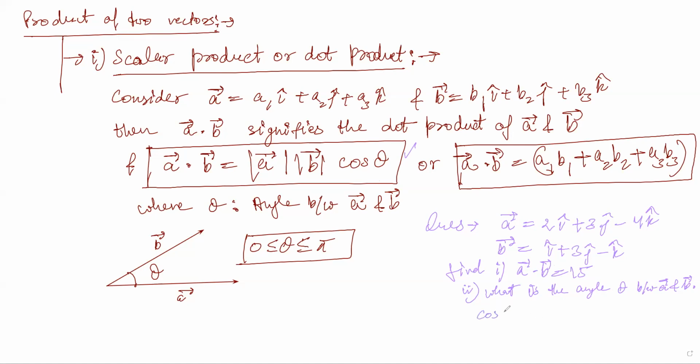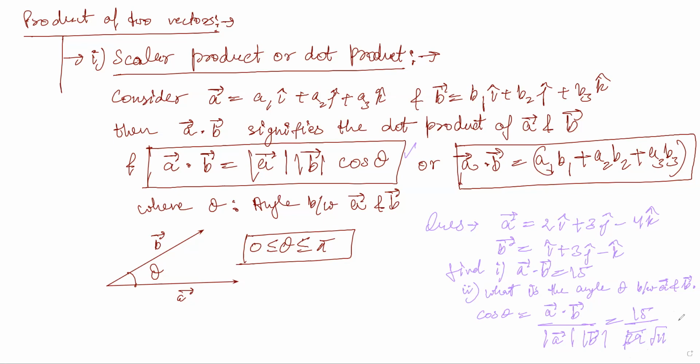So cos theta would be A dot B divided by mod A mod B. A dot B is 15, divided by mod A, root 29, and mod B, root 11. I don't think we can simplify it more.